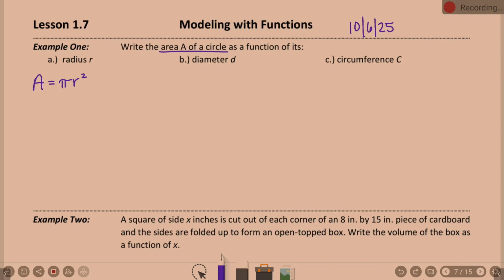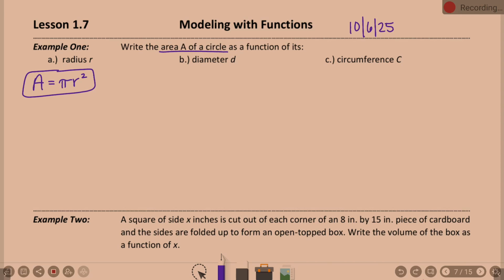So we wrote the area of the circle, A equals pi r squared, and the variable in there is r. We wrote the area of the circle as a function of its radius, so we're done with part A, because the formula we know is based on the radius.